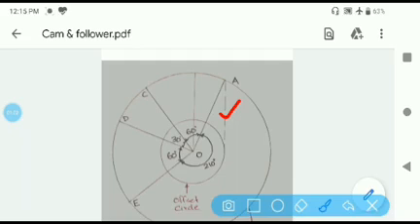That means AOC is the outstroke region, COD is the first dwell period region, DOE is the return stroke region, and EOA is the second dwell period region. These angles are the same as before. There is no change in that.